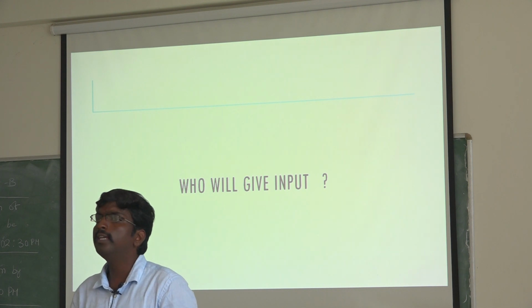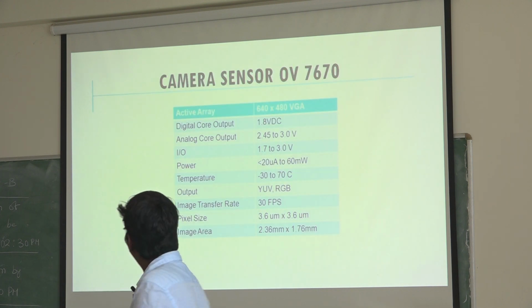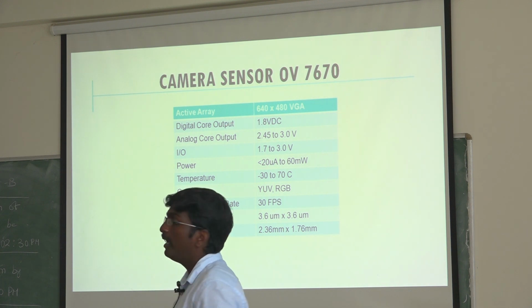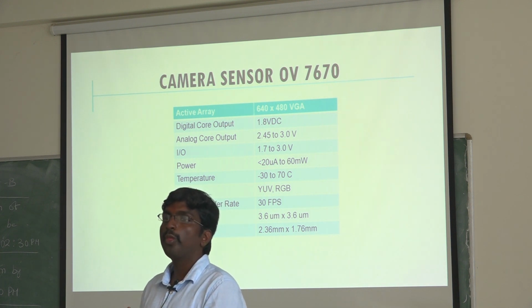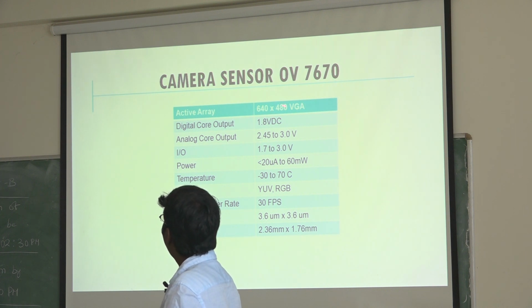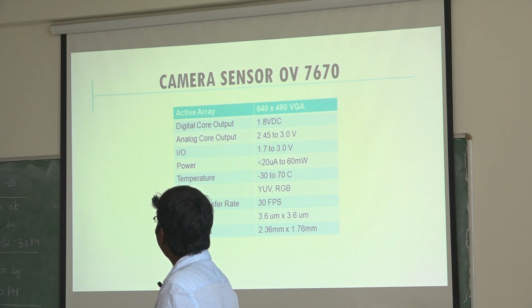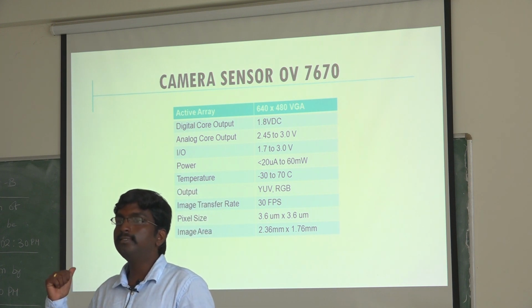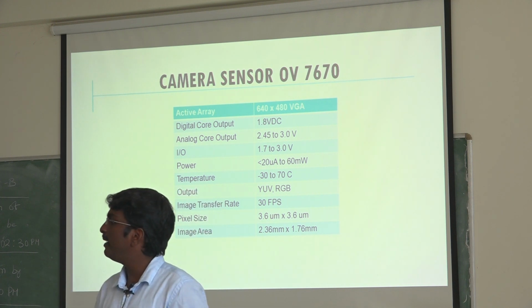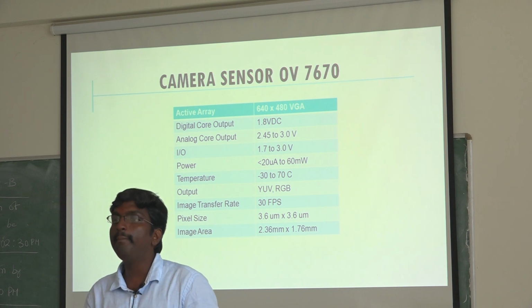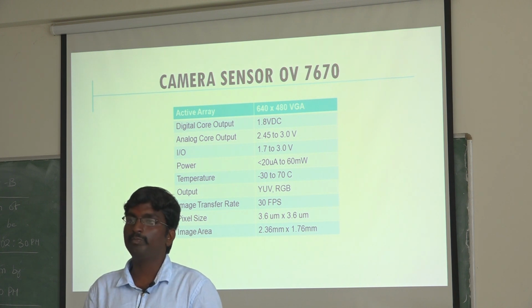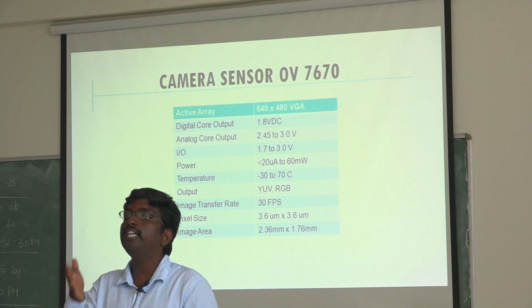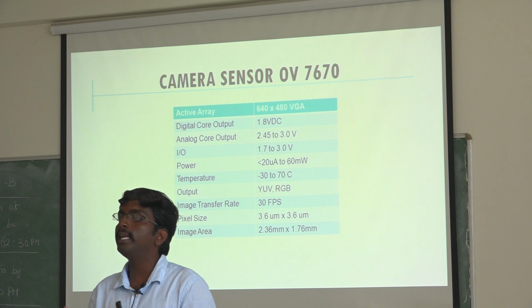To understand this input device, we need to understand who is going to give the input, the OV7670. For the OV7670, the input and output voltages and temperature range are very important. Why? This sensor I am going to interface with my hardware. My hardware may have a different power requirement. If my sensor has a different power requirement, definitely I need an isolator or a bridge IC to connect these things.